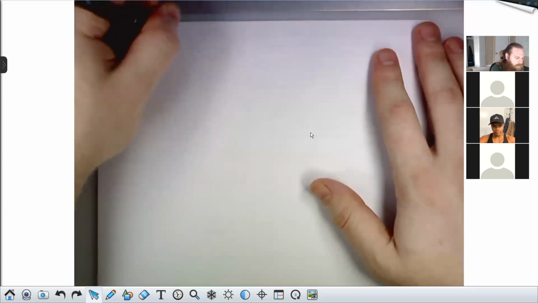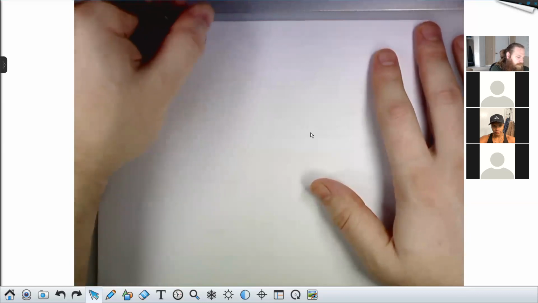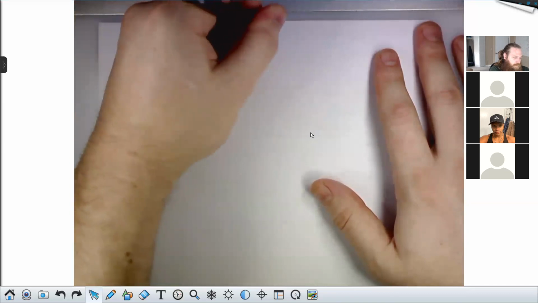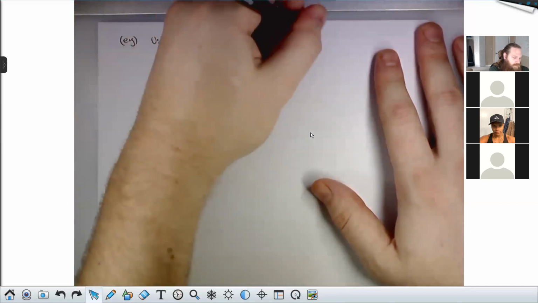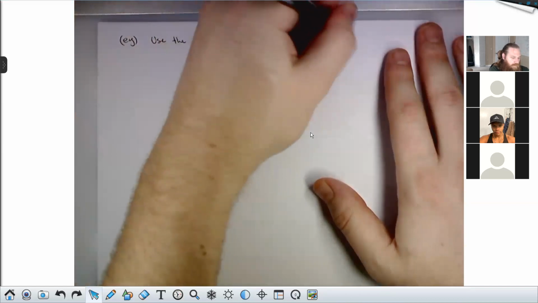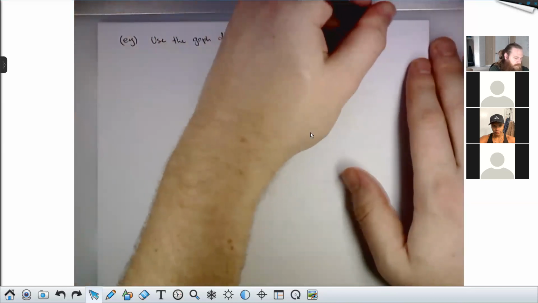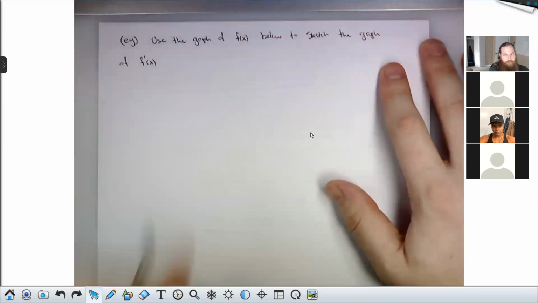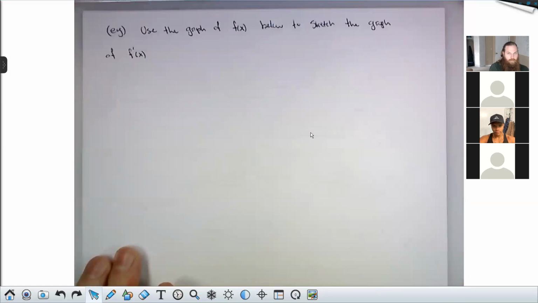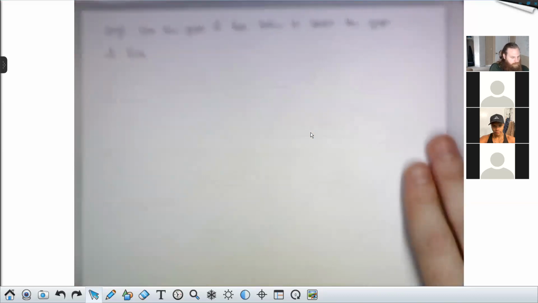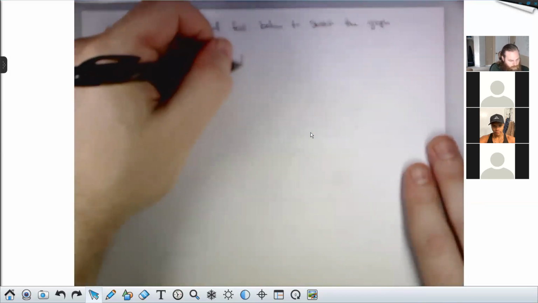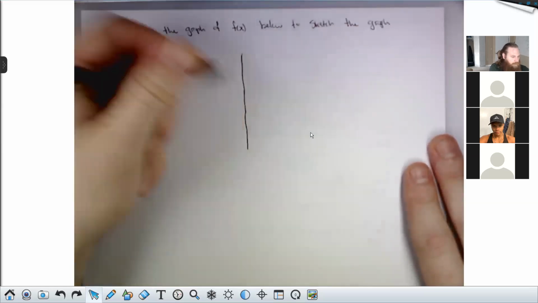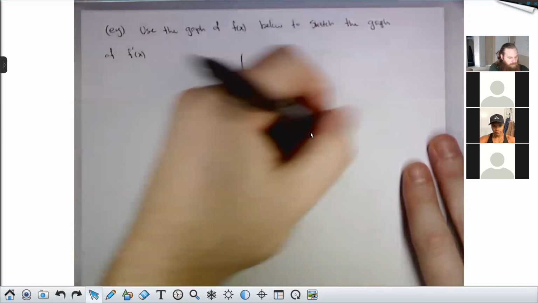Use the graph of f of x below to sketch the graph of f primed of x. Now the function I'm going to use here is one that you guys know, and we'll get into talking about the algebra and stuff in a minute, but I want to begin just by focusing on the picture.